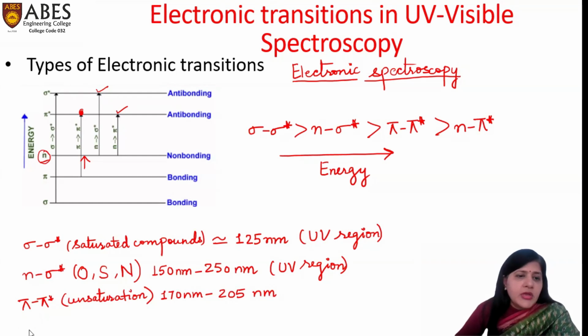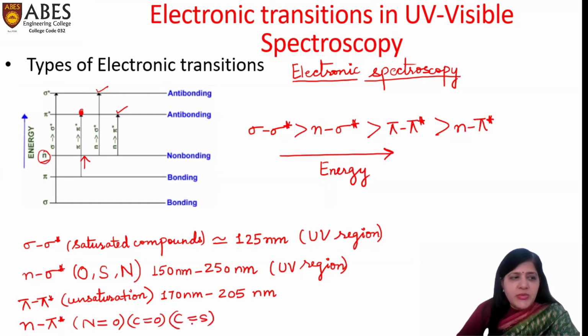Then we have non-bonding to pi antibonding transitions. These transitions are exhibited by heteroatom bonds like nitrogen-oxygen bond, carbonyl bond, carbon and sulfur bonds.